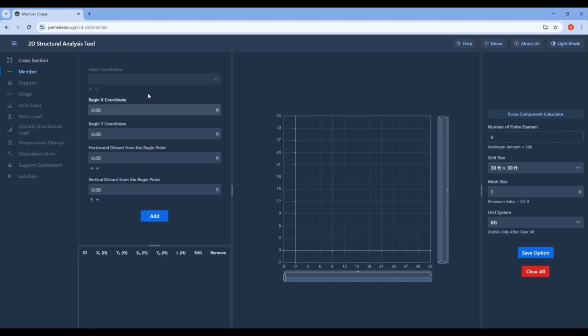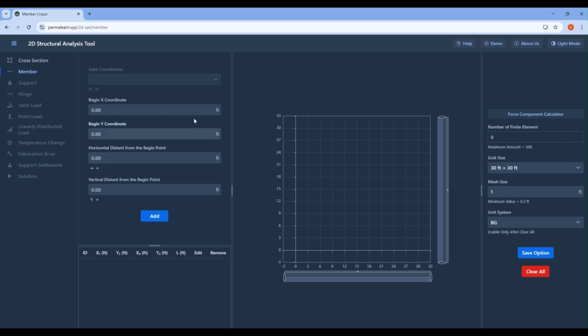And after you click this member function, it will show these four options, which refer to the begin x coordinate and the begin y coordinate, the horizontal distance from this begin point, and the vertical distance from this begin point.